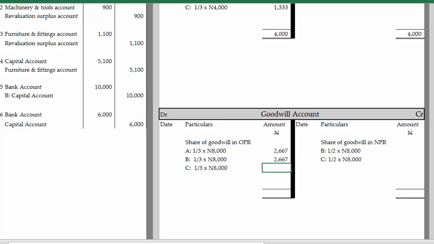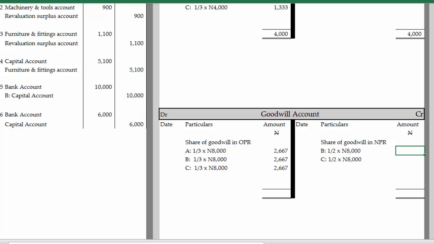And C will have 1/3 multiplied by 8,000, and that will be 2,667. So with these, we will have increased their respective capital with their share of goodwill. Thereafter, we will remove the goodwill from the books because goodwill should not show in the books of account unless it is a purchased goodwill. This is not a purchased goodwill, so let's remove it.